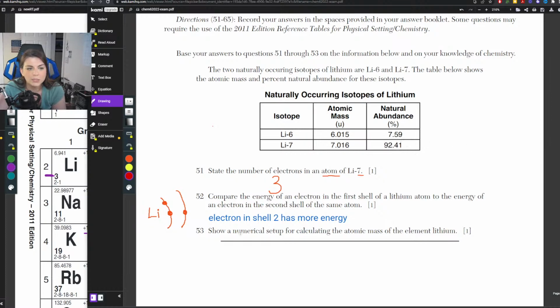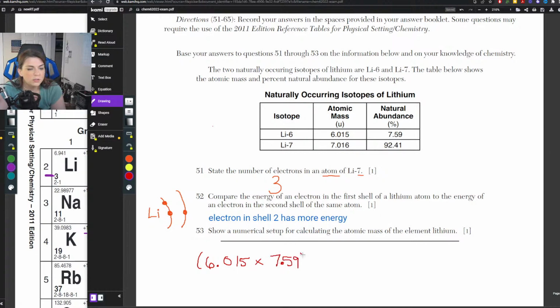That's what it means. So translate that, it's really a decimal or it's really a fraction. So you would take the atomic mass 6.015, and you multiply that by the 7.59.